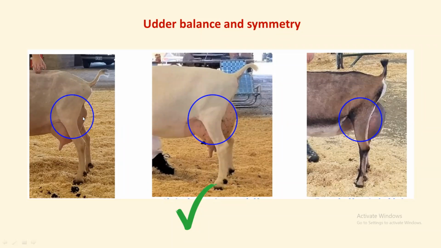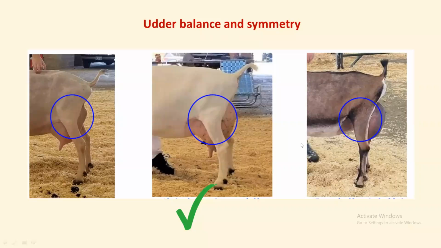They should be symmetrically distributed. You can see this symmetry of udder balance in the middle picture. In the first picture, most of the udder is in the front side of the rear leg, which is not recommended. In the third picture, most of the rear udder is in the back side of the rear leg, which is again not recommended.